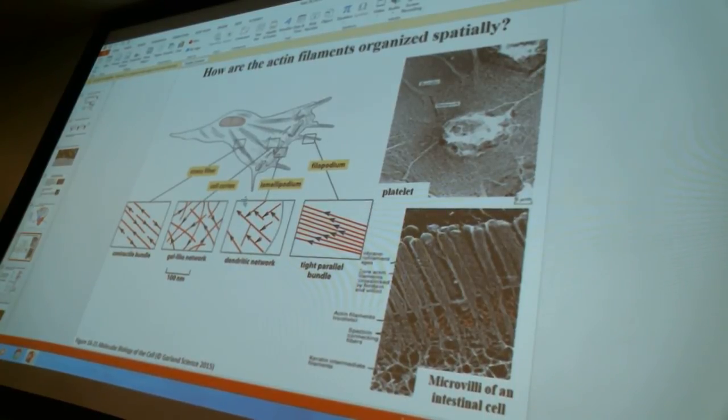In addition, we have gel-like networks. This is a so-called three-dimensional network that helps to organize around the cell cortex, closer to the cell surface, underneath the plasma membrane. Lamellipodium and filopodium are very important for cell movement forward, particularly lamellipodium.